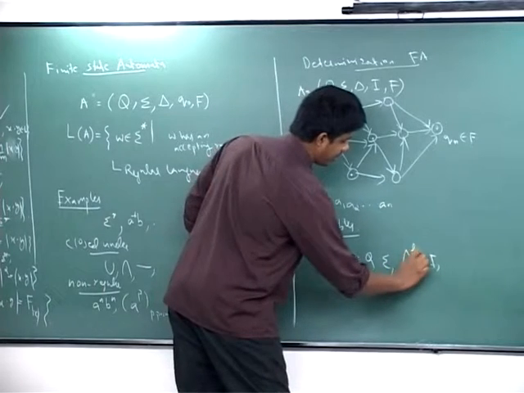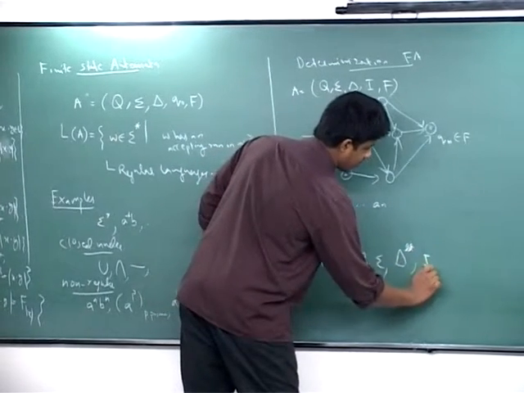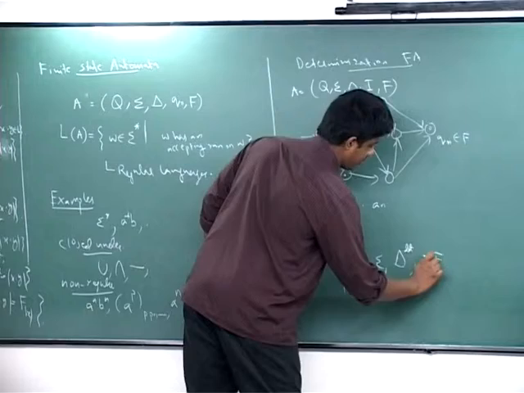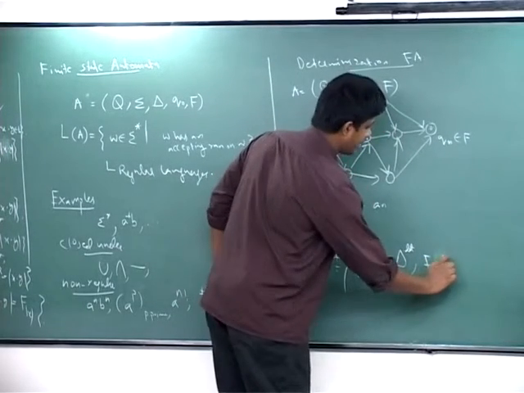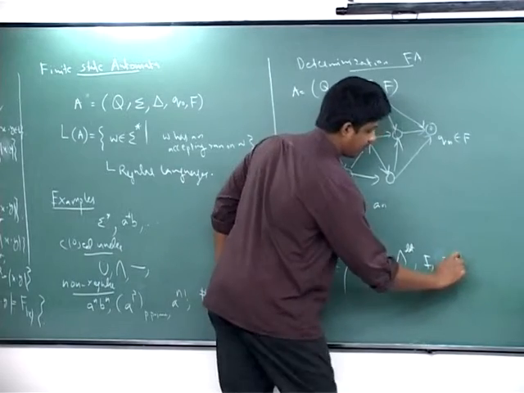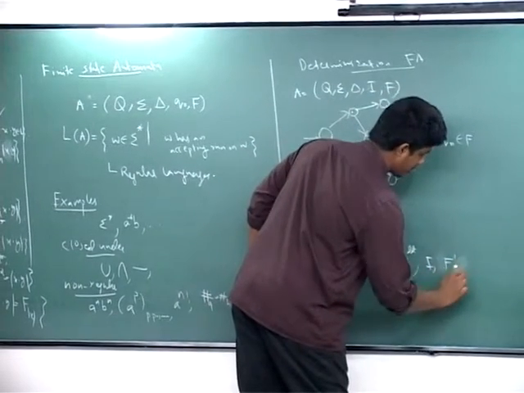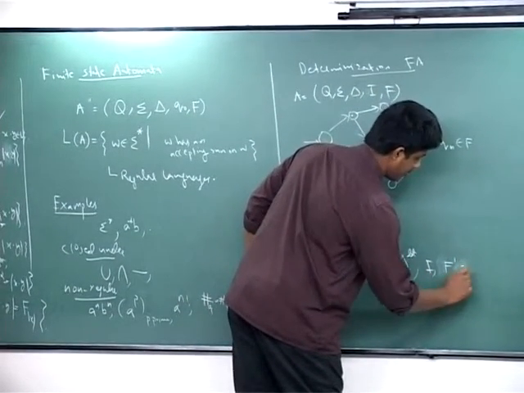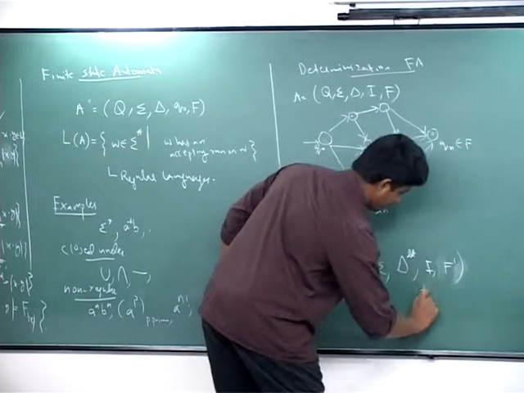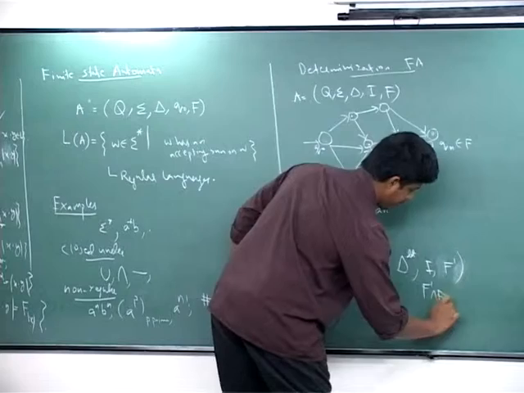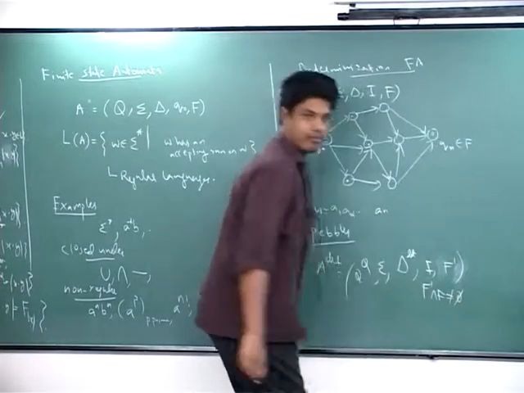And then delta prime is there, then F prime will be any subset such that F prime intersection F is non-empty.